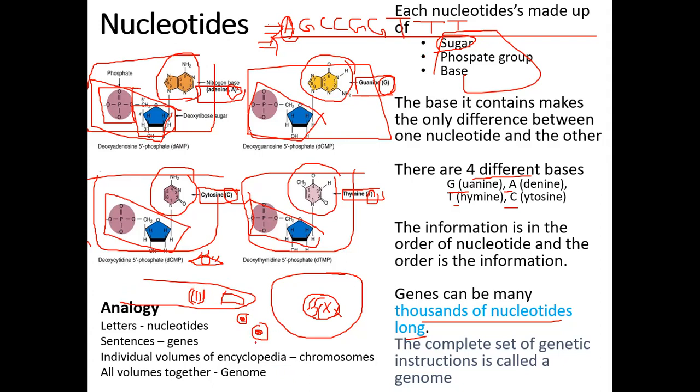This gene expression, the set of genes expressed in a skin cell, is different from the set of genes expressed or active in an eye. Okay, so that is what makes the difference. However, in each and every cell in your body, they all have the same set of genes. They have all the genes.